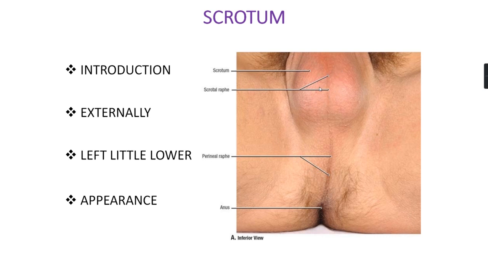This is because of the muscle present subcutaneously in the scrotum, the dartos muscle. However, under the influence of warmth and in old and debilitated persons, the scrotum is elongated and flaccid due to relaxation of the dartos muscle. In short, the dartos muscle helps in the regulation of the temperature within the scrotum.